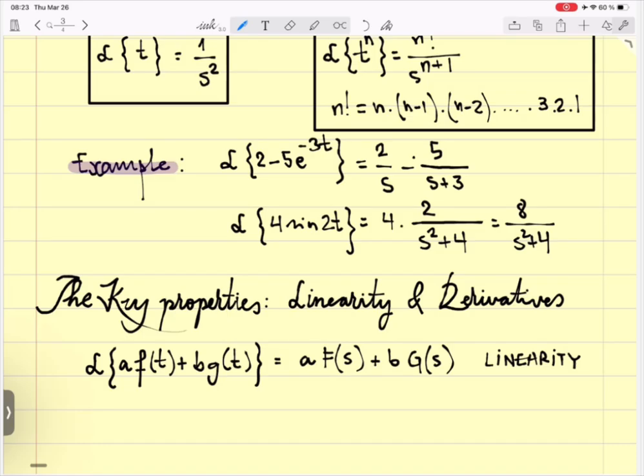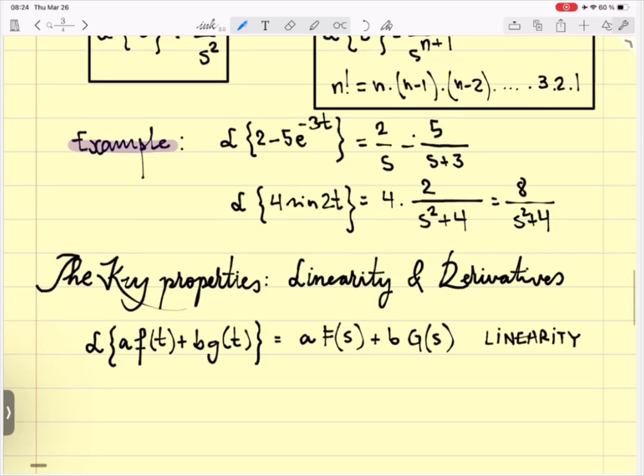This is important for engineers because many models are usually linear combinations of signals. Okay. And then there is another property called the exponential shift.